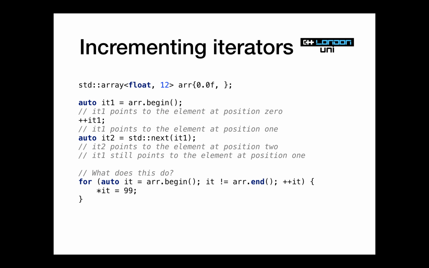I should have put it on there, but you call std::fill with arr.begin, arr.end, and the value that you want to insert. That's the way all the standard library algorithms work at the moment. There is work underway, which will be in C++20, to allow you to just say std::fill(arr, 99), to stop you having to type begin and end everywhere.